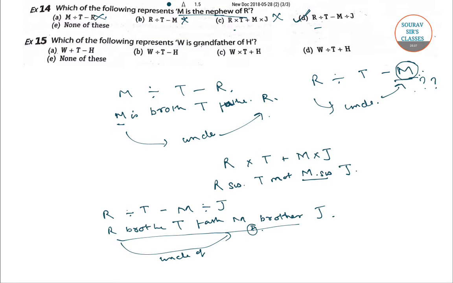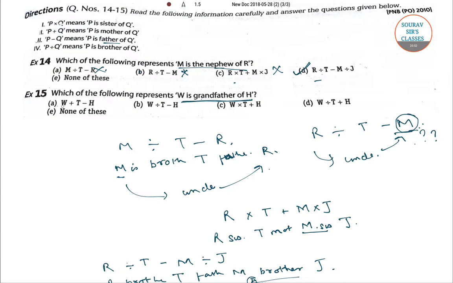Now the next one, we have to find which of the following represent R is grandfather of W, who is grandfather of H. Now again we have to do it in a similar way. The first one would show W plus T, which means W is mother of T, so hence W is female, so W cannot be grandfather, so the first option is rejected.